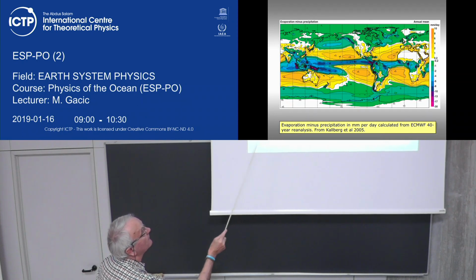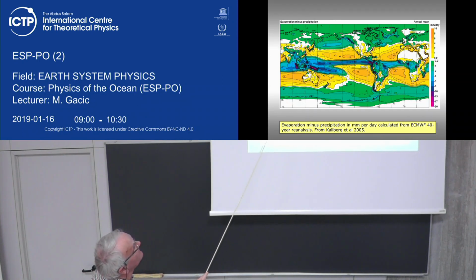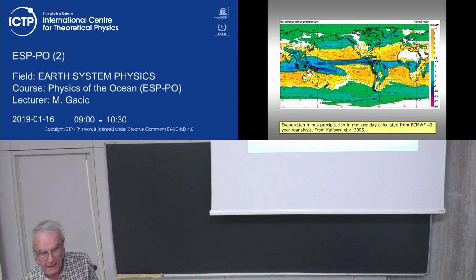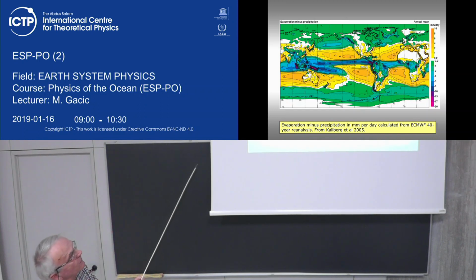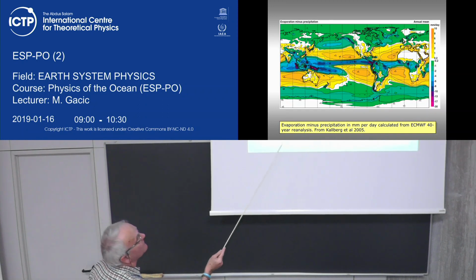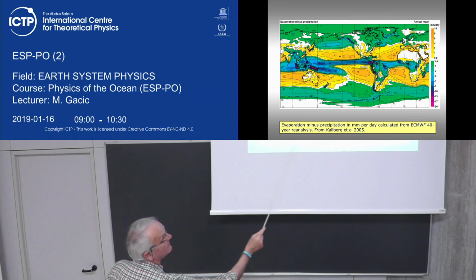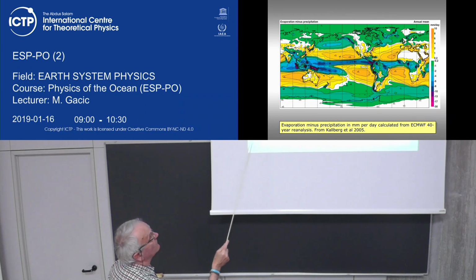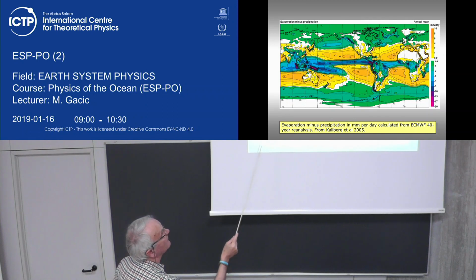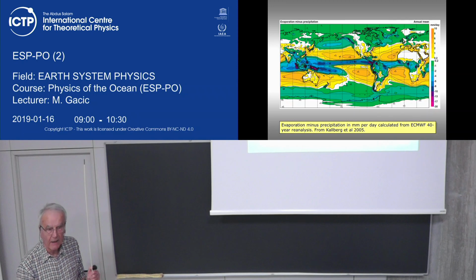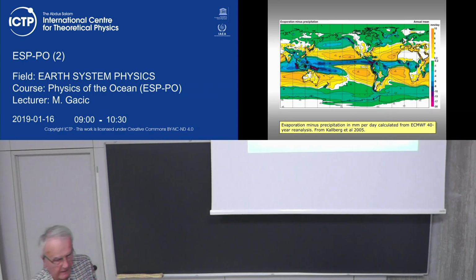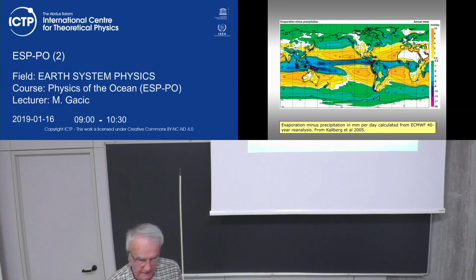For example, here is something probably similar, an area where the wind regime is such that it generates strong precipitation. But generally, you can see that this is zonally well distributed. It depends also on how warm the ocean surface is.